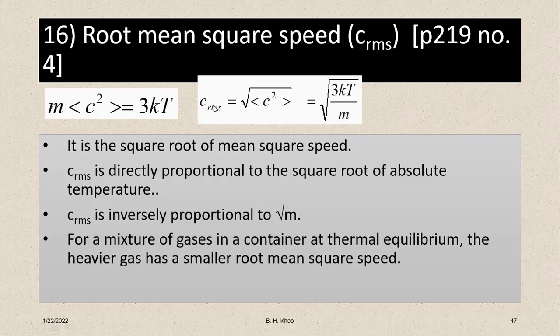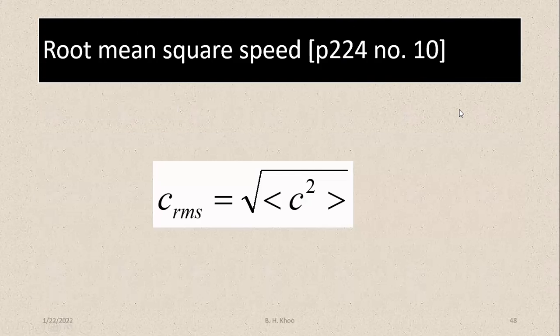If it's lighter, it has a larger root mean square speed. Okay with that? Just play with the formula. That's all. Nothing so hard about that, only practice.